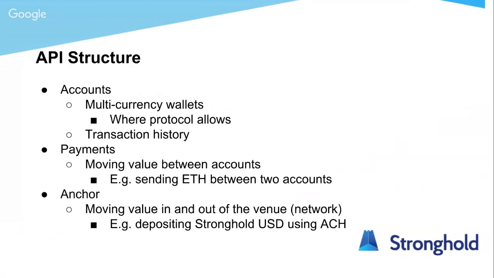However, we do plan on adding the ability to capture existing wallets and create a handle to them on the Stronghold API for accounts that might already exist out there. But let's say the accounts didn't exist yet. You would use the accounts API to create the two wallets, and then the payment API to move that value between two of them. So that's a simpler one because all of the value is already in a particular venue, so there's no anchoring. And the anchoring is the piece that tends to add the complexity because you're moving value over protocol lines, so to speak.